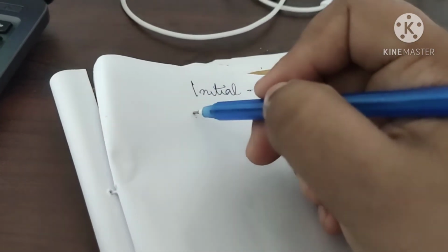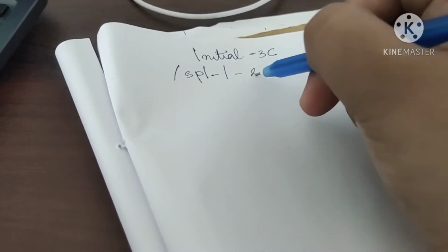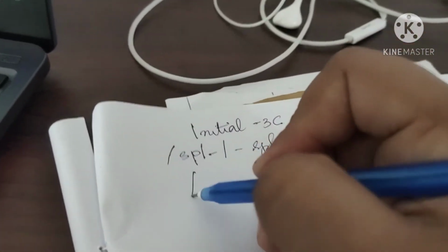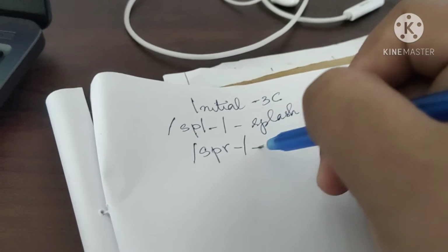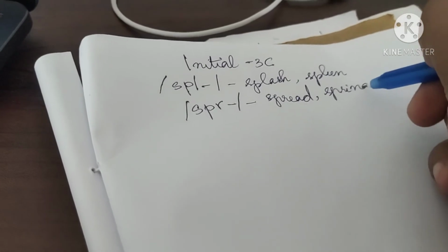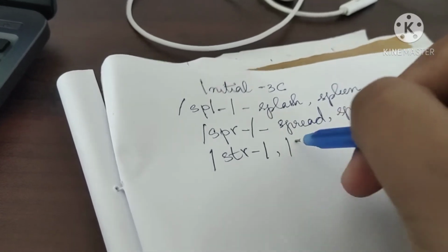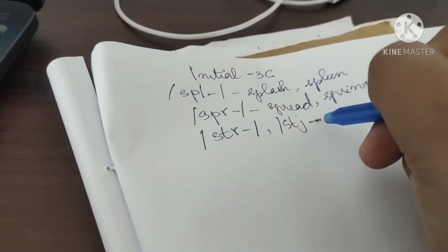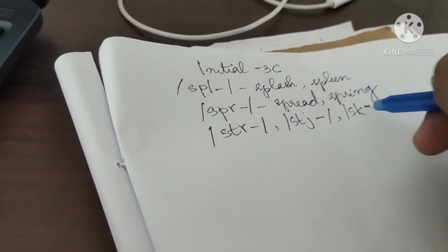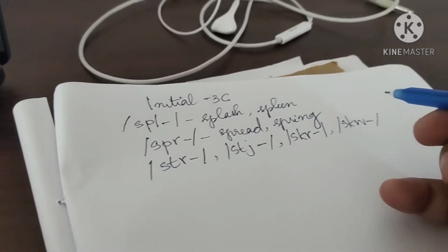So the possible ones are spl as in splash, spleen, etc. Spr as in spread, spring, etc. Similarly, str as in strike, are all possible.